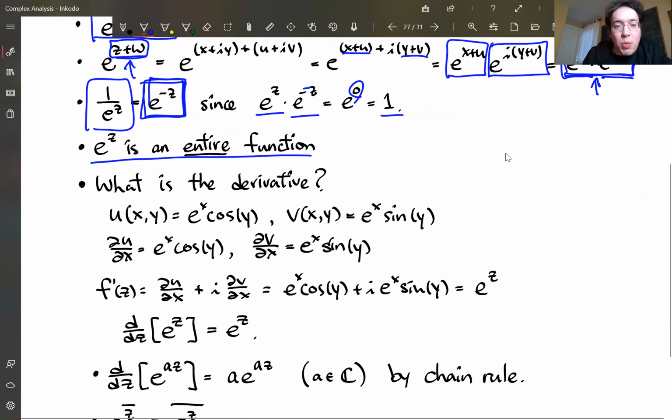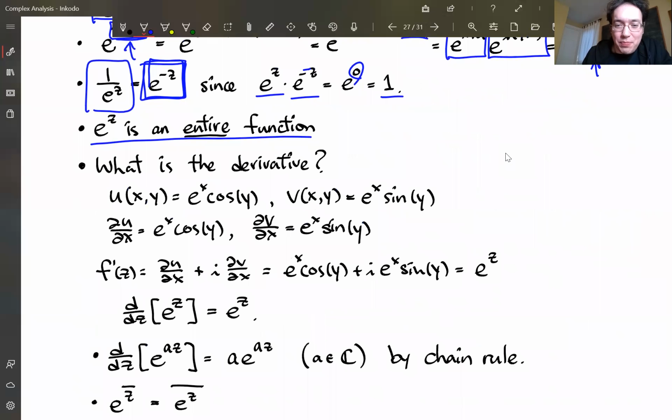Okay. What is the derivative? Well, hopefully the derivative of the exponential function is itself, as it was for calculus 1, and that is true. So if we take this function, both of these parts, and take the derivative with respect to x, that gives us exactly the same function.